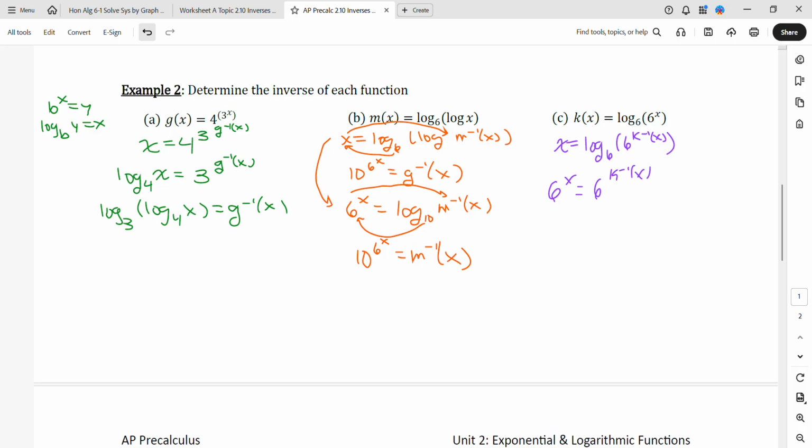So actually going to y. Yes, it does. The inverse of k is x.